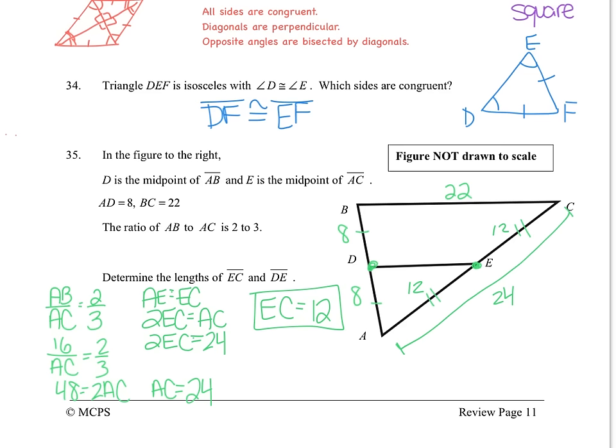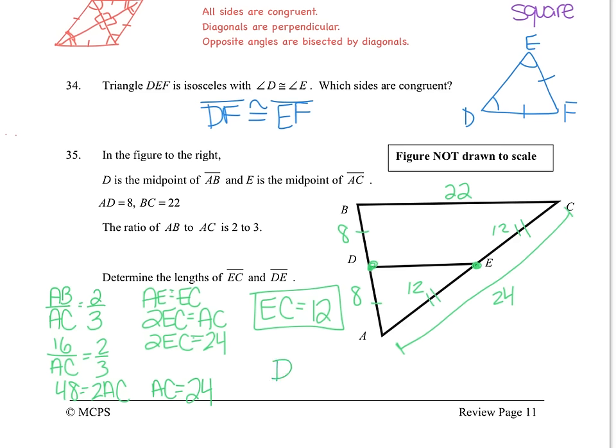Additionally, what we know is because DE is made up of the midpoints of the two sides, DE must be the midsegment of this entire triangle. If DE is the midsegment, then this length is half the length of the side of the triangle that it's parallel to.